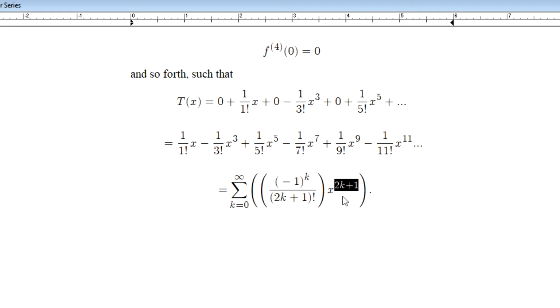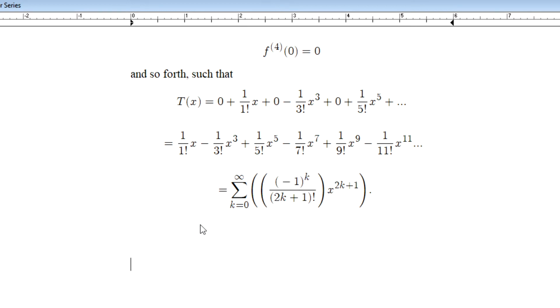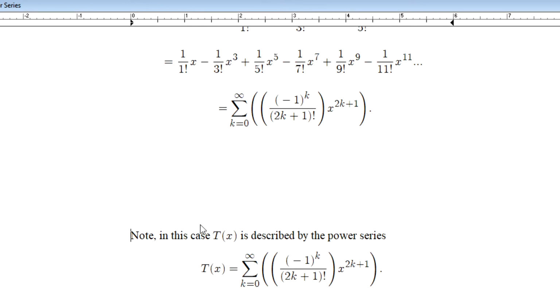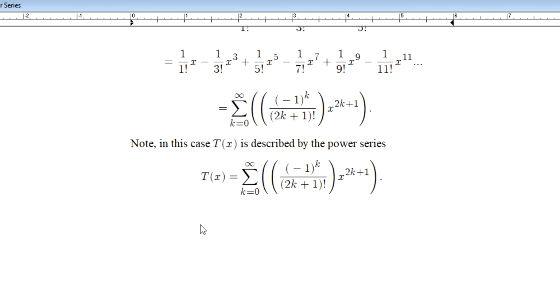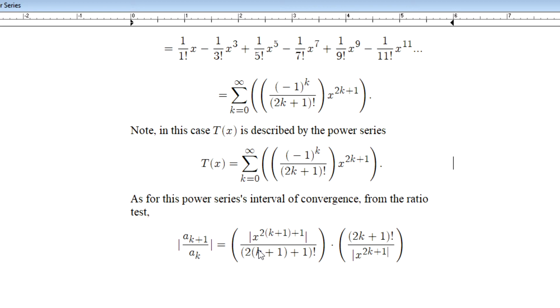We're not going to make those adjustments. We're going to go ahead and just approach this as a bit more of a hybrid power series. All right, it's a bit more of an advanced power series, we might say. Note in this case, t of x is described by this advanced power series, where we can apply the ratio test.